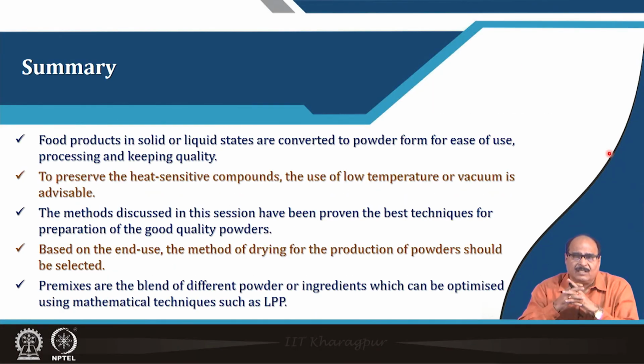So, in today's class we discussed the different methods of making powders, and particularly fruit and vegetable juice powder, fruit and vegetable pulp powder, as they contain heat sensitive components, with low Tg values, and low melting components.